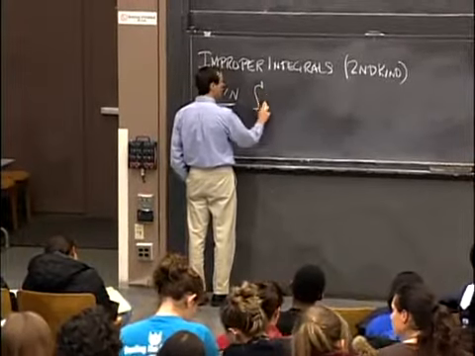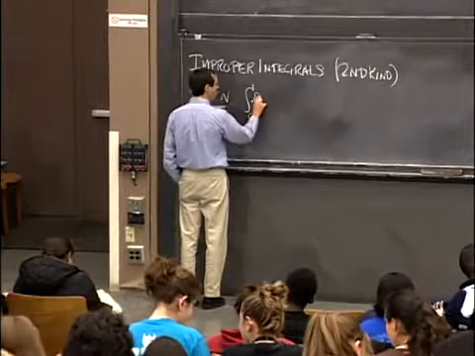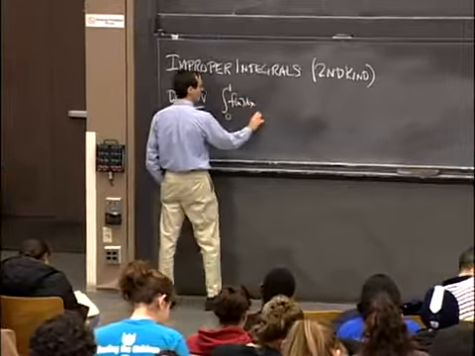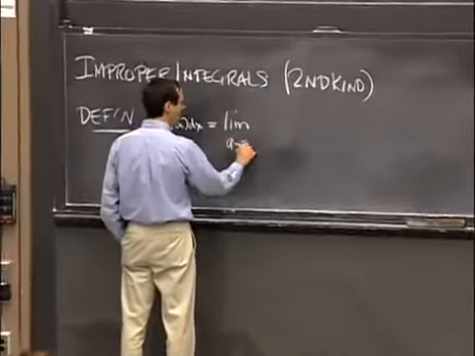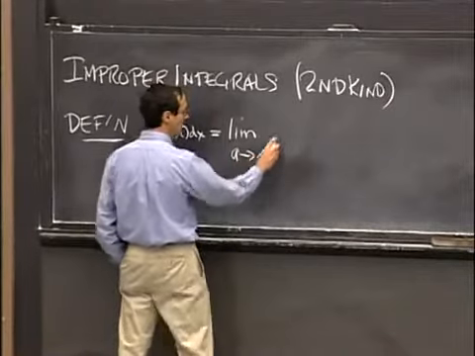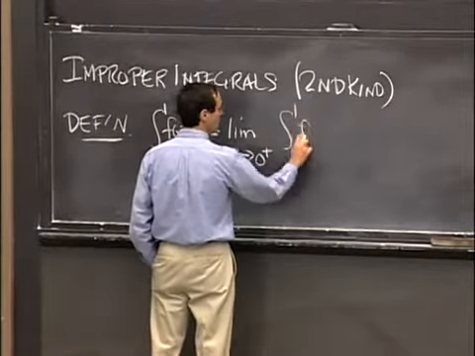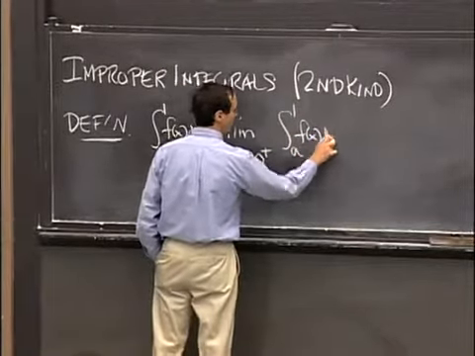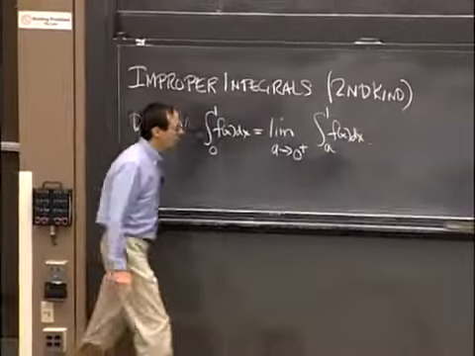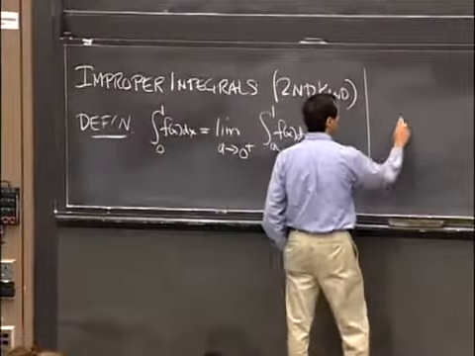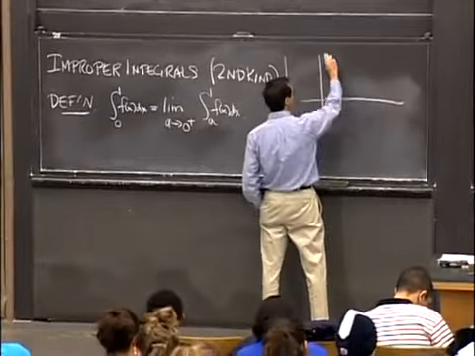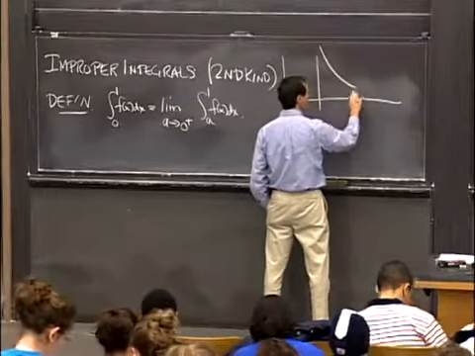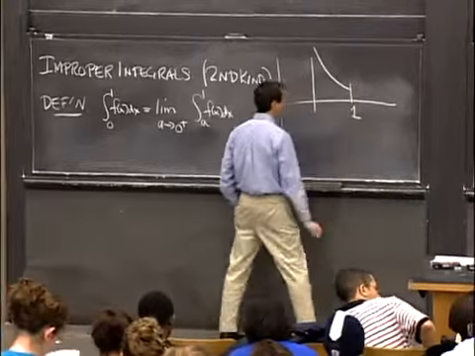So if you have the integral from 0 to 1 of f of x, this is going to be the same thing as the limit as a goes to 0 from above of the integral from a to 1 of f of x dx. And the idea here is the same one that we had at infinity. Let me draw a picture of it. Imagine a function which is coming down like this, and here's the point 1.